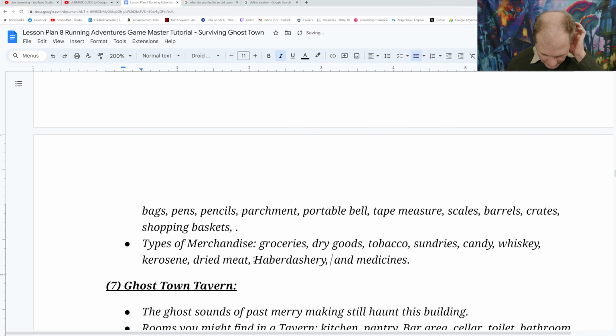Haberdashery. Cloth. Oh, jerky. It's jerky basically, isn't it? You guys call it jerky. Cured meat. There we go. Thank you. That's what I wanted. Cured meat. Dried meat, cured meat.